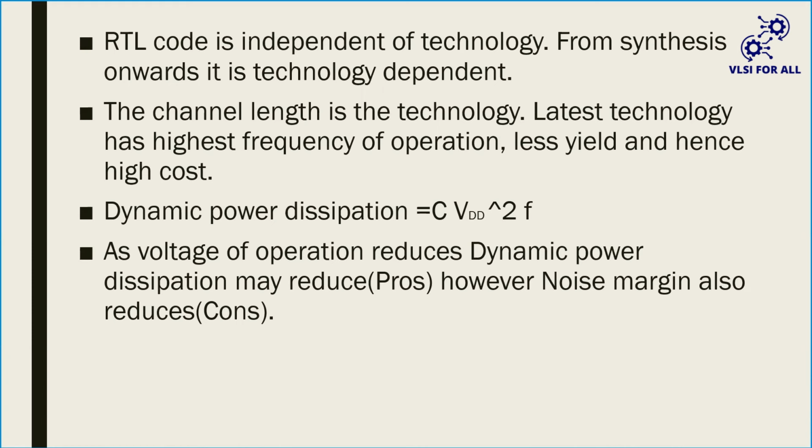Now team, as I said, in CMOS there is no need to worry about static power dissipation. We need to worry about the dynamic power component only. Just as a bird's-eye view, it is alpha times C times V_DD squared times F, where F is the frequency of operation, V_DD is the power supply, and C is the capacitance.